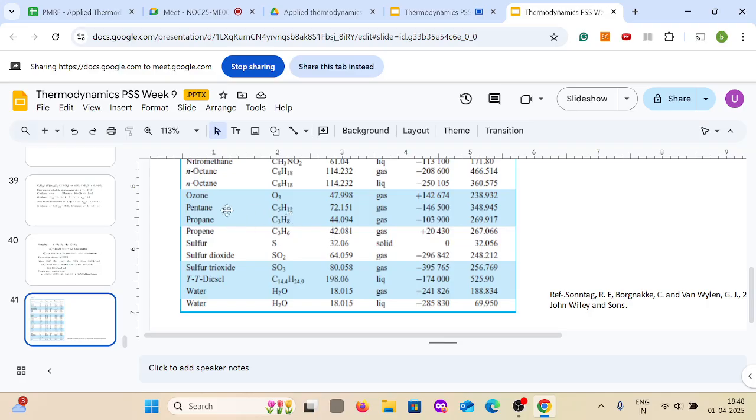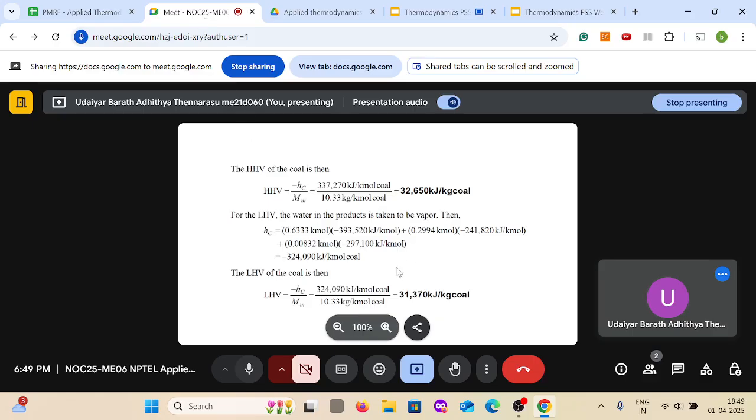For some other components, like propane, only the gas value was given, so we added the latent heat, minus 103,900 minus the latent heat, which gives you liquid. It is nothing but the enthalpy of gas equals the enthalpy of liquid plus the latent heat. That is what I wanted to show you. So we have found the lower heating value.